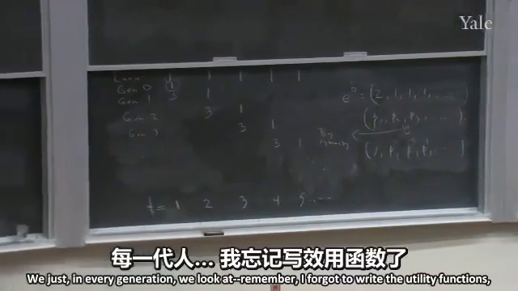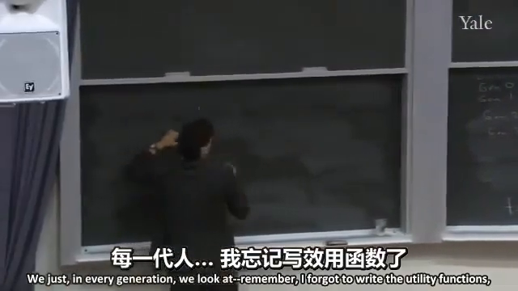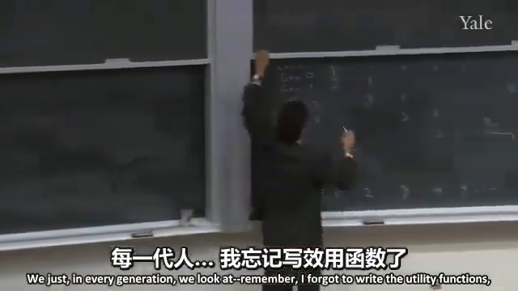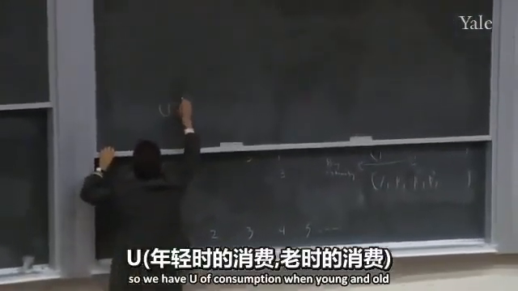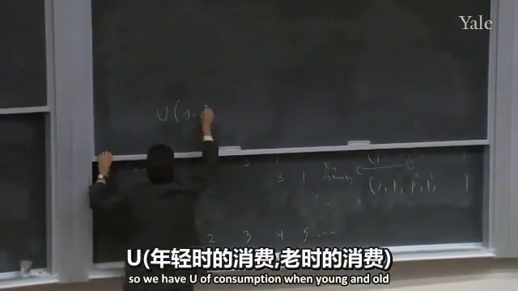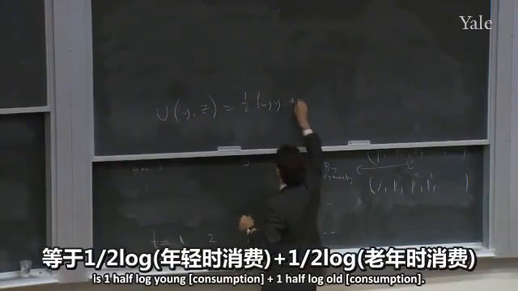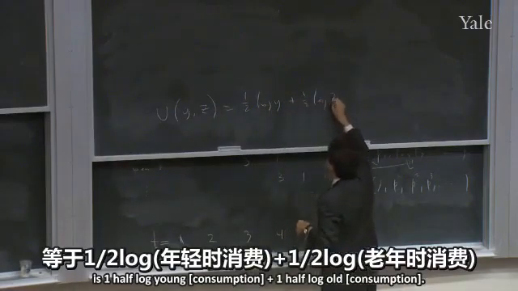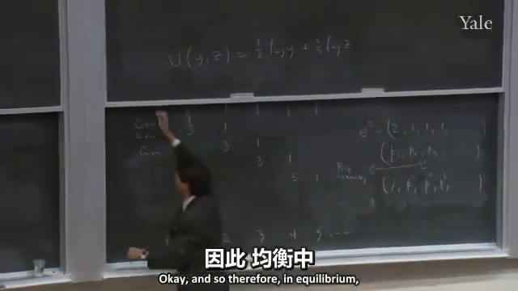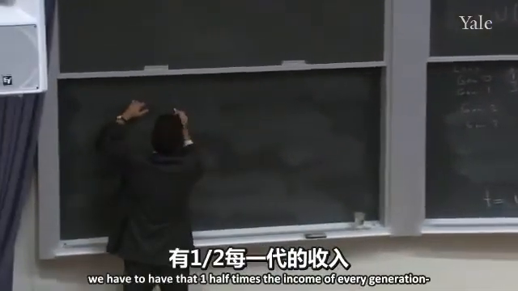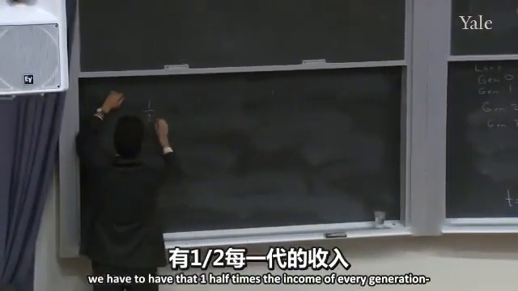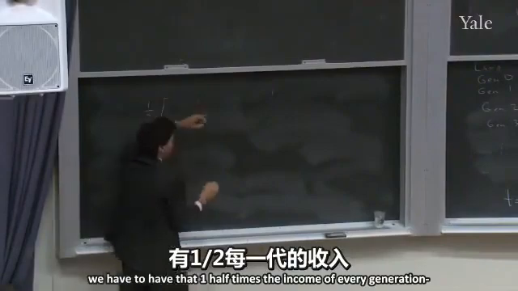In every generation, we look at, and remember I forgot to write the utility functions, so we have U of consumption when young and old is 1/2 log young plus 1/2 log old. Therefore in equilibrium we have to have that 1/2 times the income of every generation.